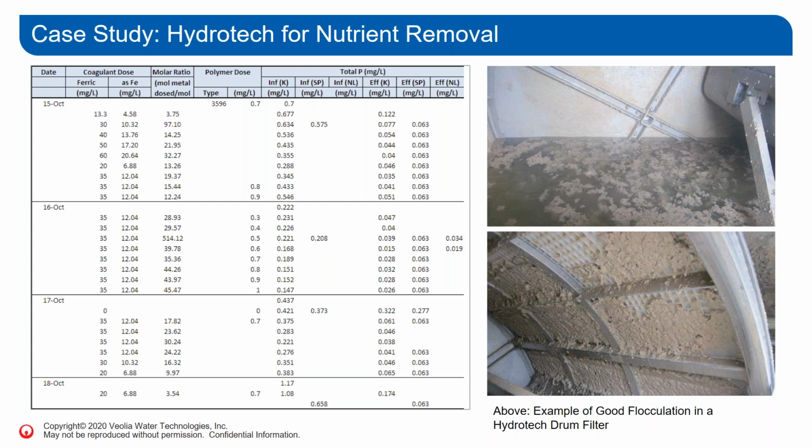So we accomplished it, but also look on the left at the molar ratio, and you will see we had to spend 20 to 40 moles of metal-based coagulant per mole of phosphorus to remove it to such low concentrations. So in this approach, as I said, we staged the phosphorus removal. First it was DAF, and then we applied the disk filter to get to these very, very low concentrations and not overdose the coagulant in a single stage to achieve the same results.